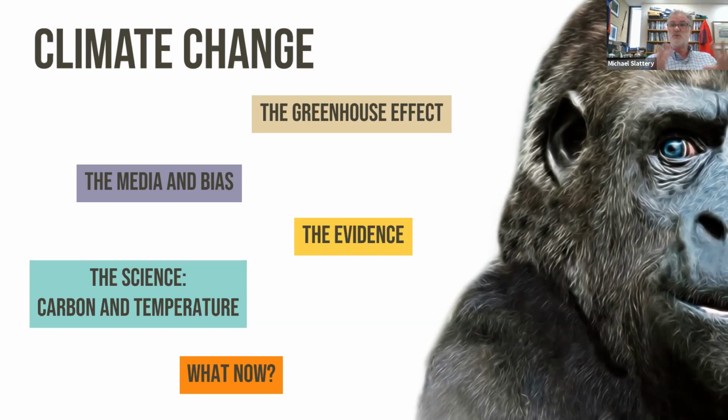Climate change is a much broader issue. I hope that clarifies things a little bit. Does that make sense to everybody? Any thoughts or comments before we keep going? Questions? All right.